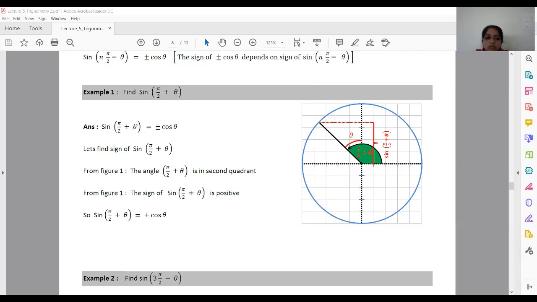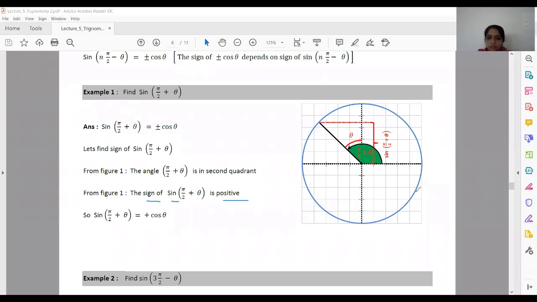It depends on the left hand side. So let's find the sign of sin pi by 2 plus theta. For that, from figure 1, this is the angle pi by 2, and pi by 2 plus theta is in the second quadrant. And in the second quadrant, the sign of sine is positive.